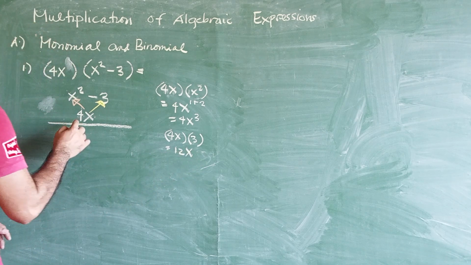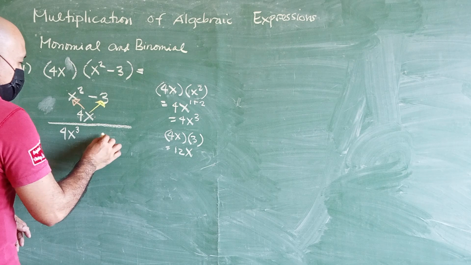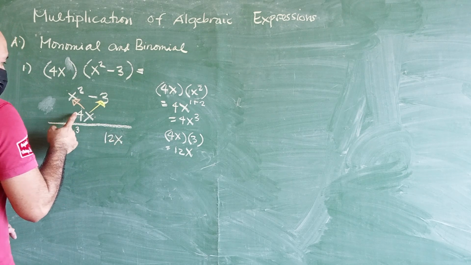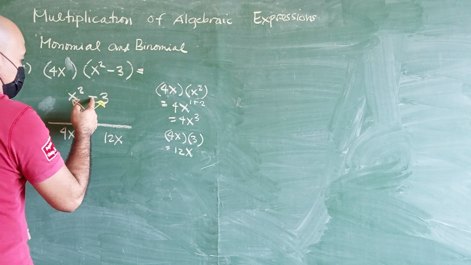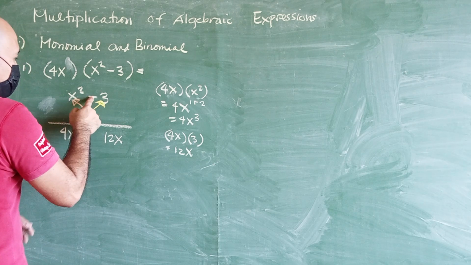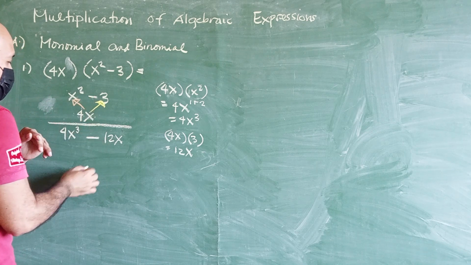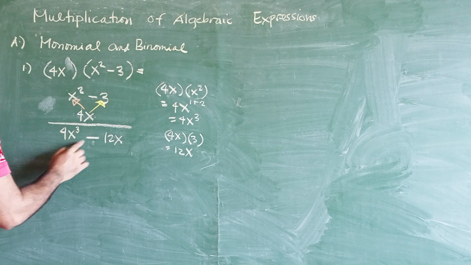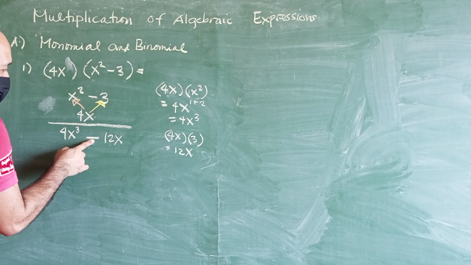So when we multiply 4x and 3, the result is 12x. Now 4x is positive and this is negative, or minus. Multiplying two opposite signs, the result is always minus, or negative.